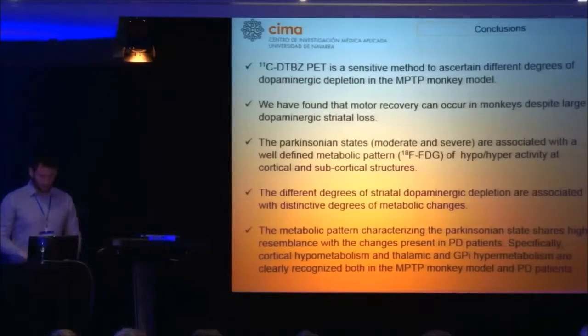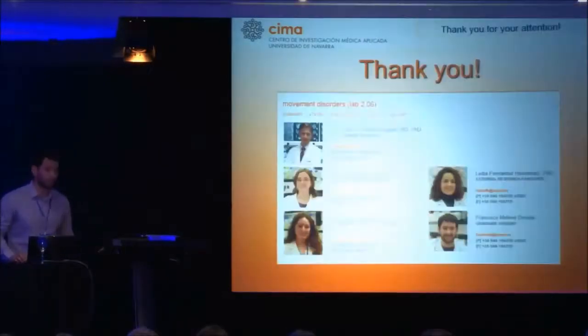The different degrees of striatal dopaminergic depletion are associated with distinctive degrees of metabolic changes. The metabolic pattern characterizing the Parkinsonian state shares high resemblance with the changes present in PD patients. Specifically, cortical hypometabolism and thalamic and GP hypermetabolism are clearly recognized in both the MPTP monkey model and PD patients. Thank you very much.